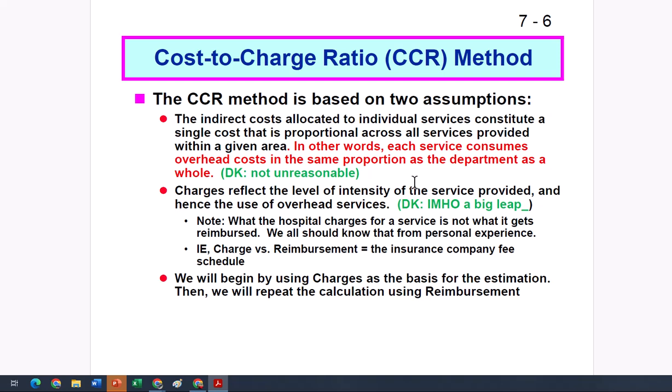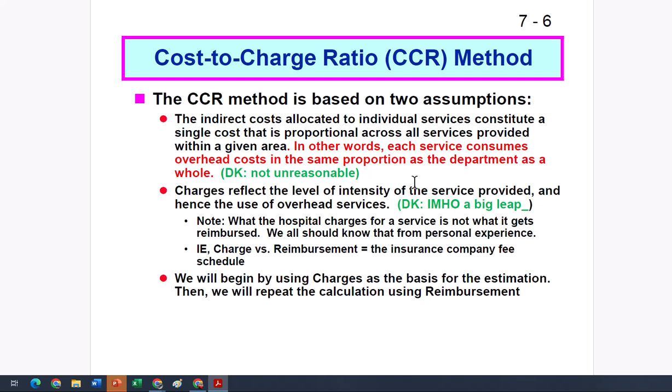So in the cost to charge method, what you're doing is you're allocating the costs proportional to the charges. And the theory is that each service consumes overhead costs in the same proportion as the department as a whole, not unreasonable. But the other key component is the charge reflects the level of intensity of the service provided.